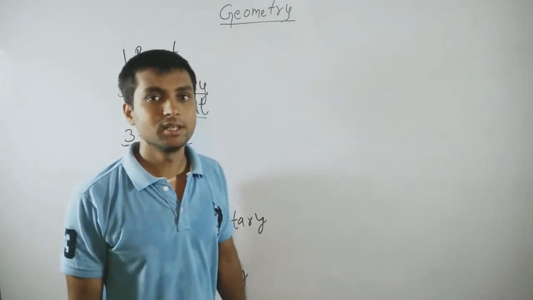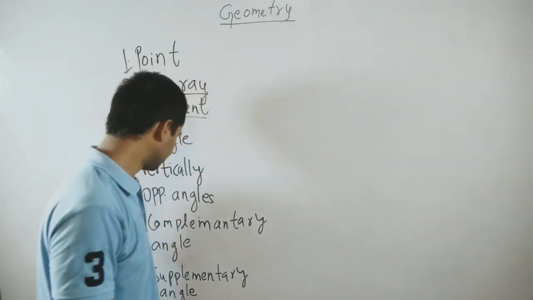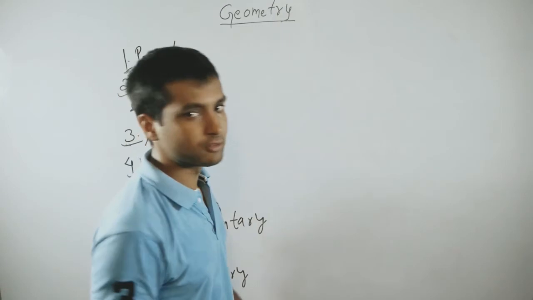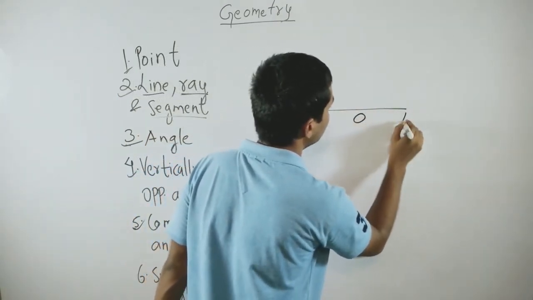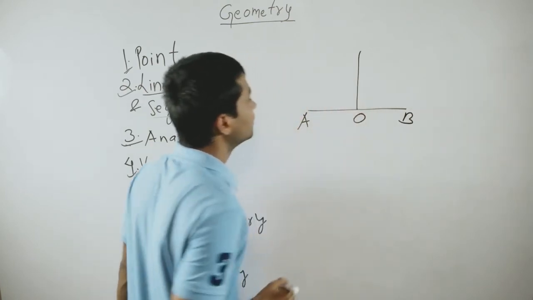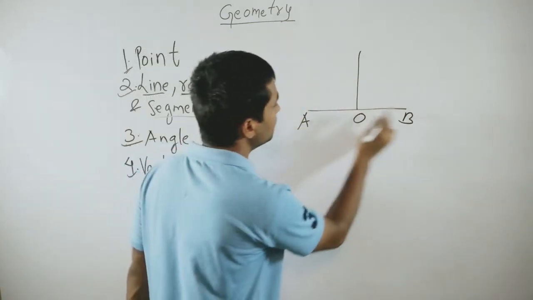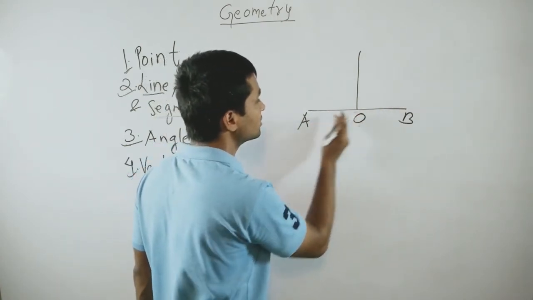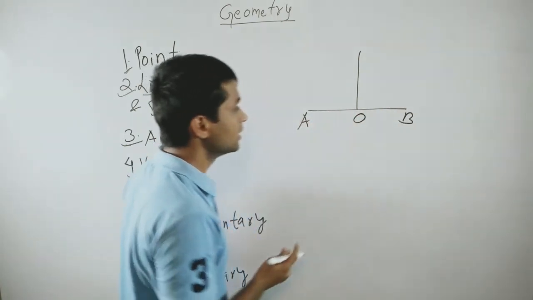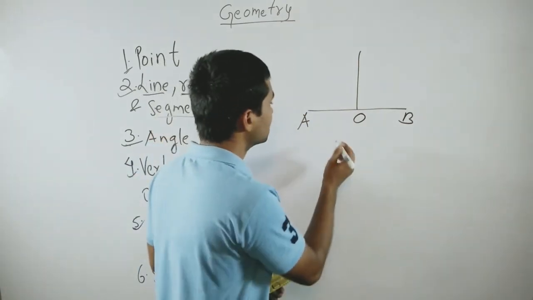The next concept is supplementary angles. Let's have a look at this figure. Here we can see AB is a straight line, therefore the sum of any number of angles formed on AOB is 180 degrees.